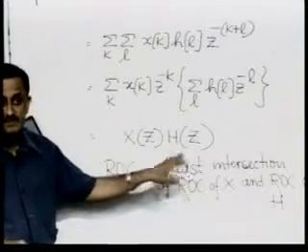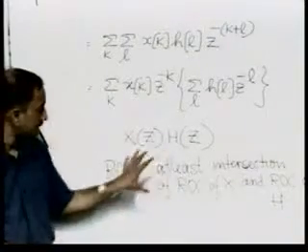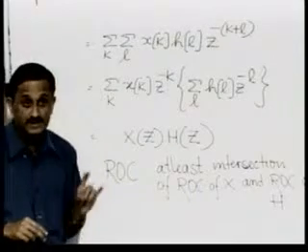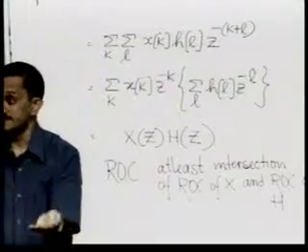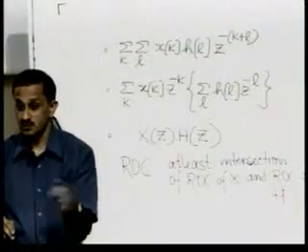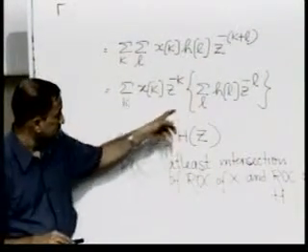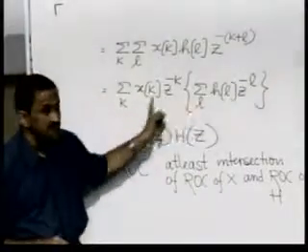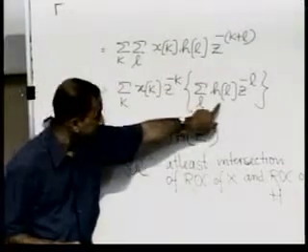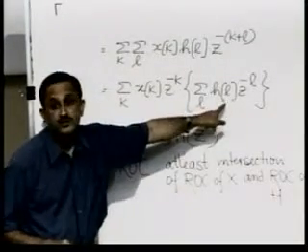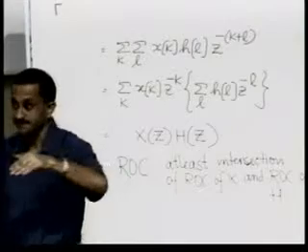All right, this is the minimum ROC that we have. Once again, we must remember that the ROC could be larger. It could happen that this process of multiplication results in a cancellation of causes that lead to the non-convergence of this in some region, right?